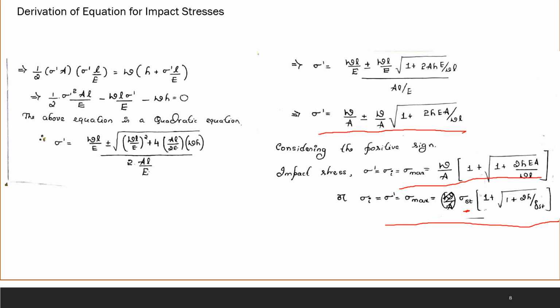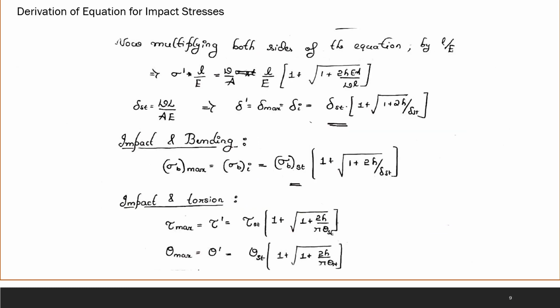This is the same formula that you have in your design data handbook. Now this is for stress. Similarly, you can also obtain the same equation for deflection, and that same formula will hold good for bending and torsion also.